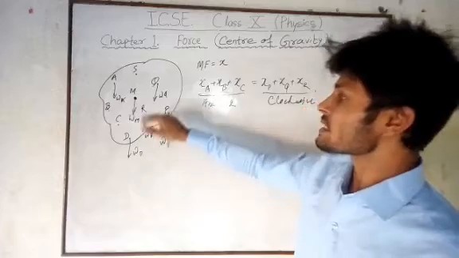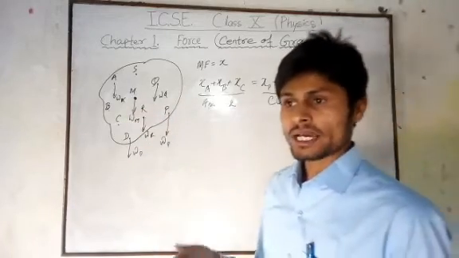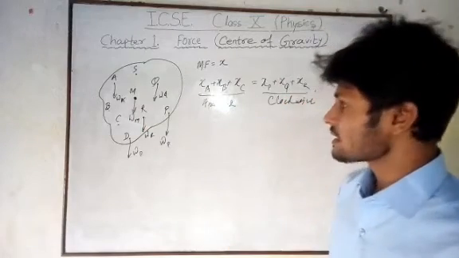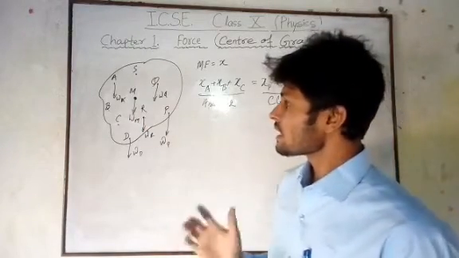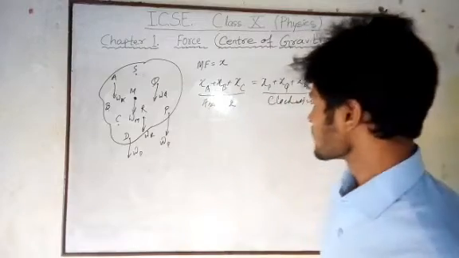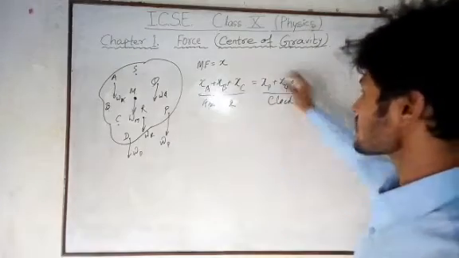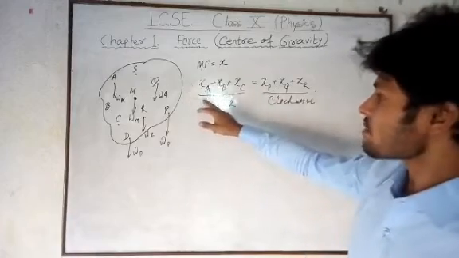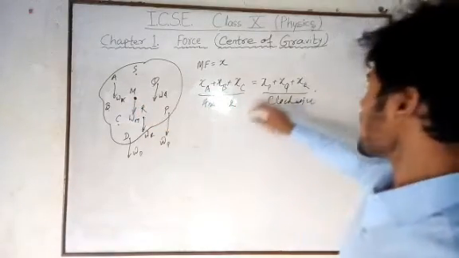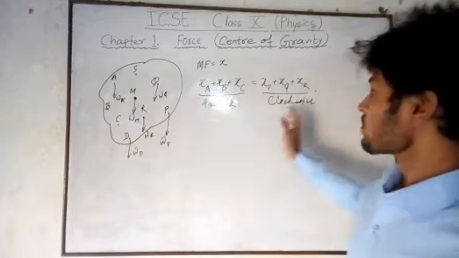When the body is about to rotate about an axis which passes through the point M, the body comes to a state of equilibrium, and this condition is satisfied: the sum of anti-clockwise moments about the axis through M and the sum of clockwise moments about the same axis are equal.